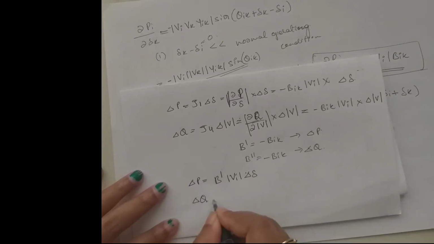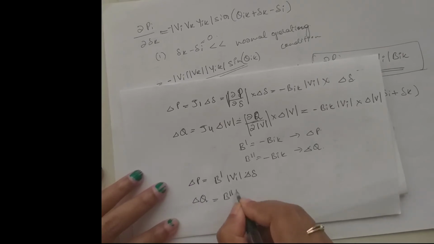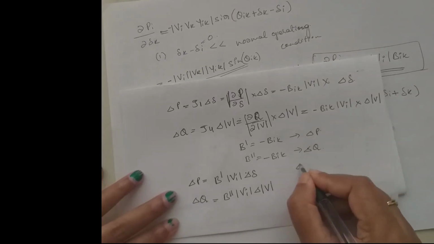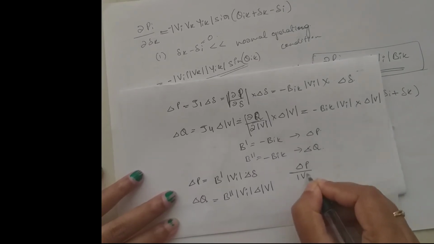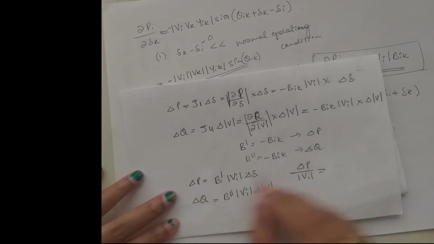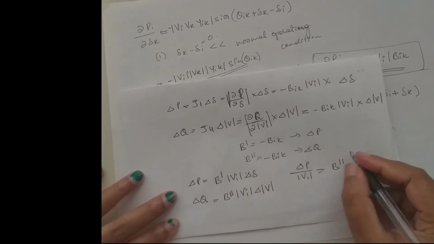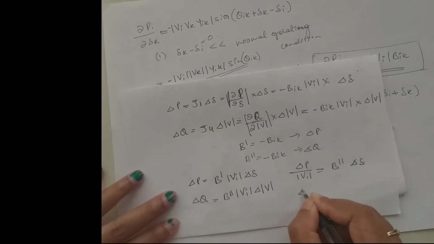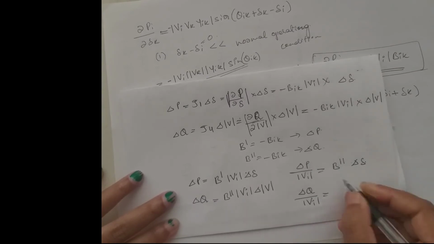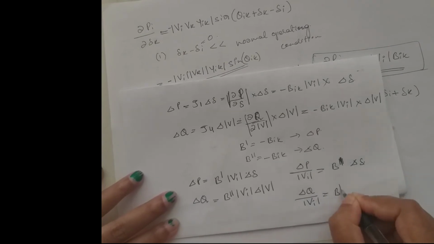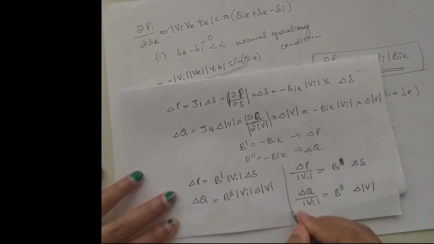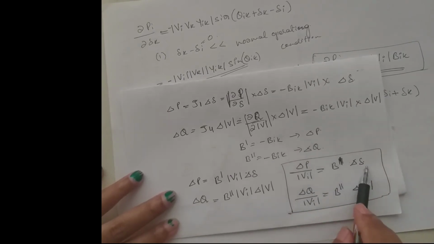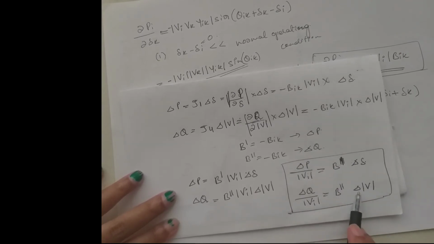Delta Q is equal to B double dash Vi delta V. Rearranging both equations, we get delta P by Vi is equal to B dash delta delta, correct, and delta Q divided by Vi is equal to B double dash delta V. These two are the final equations to calculate the value of delta delta and delta V.